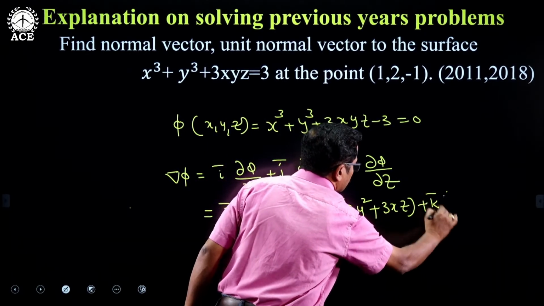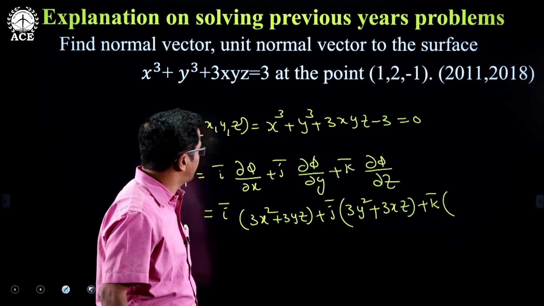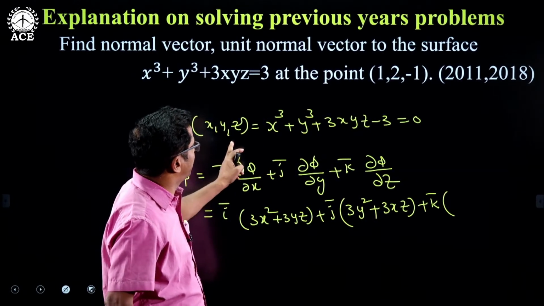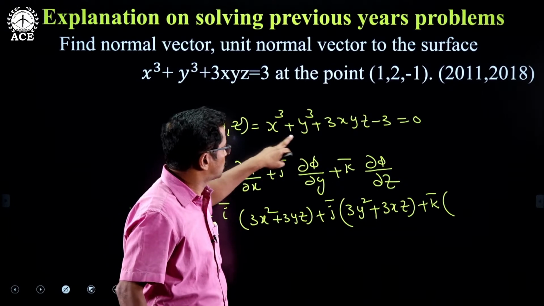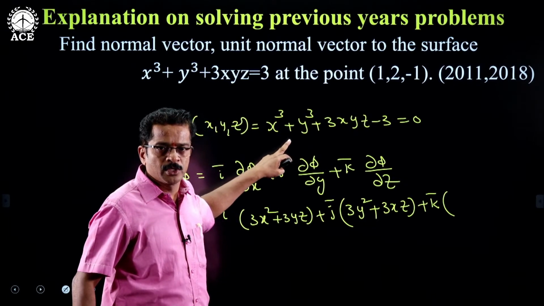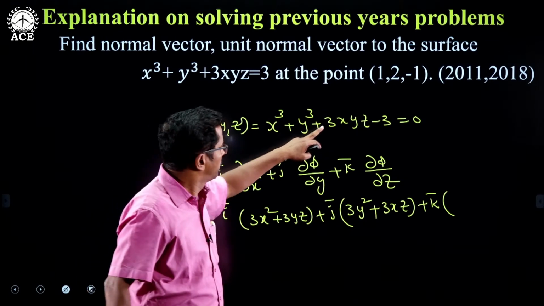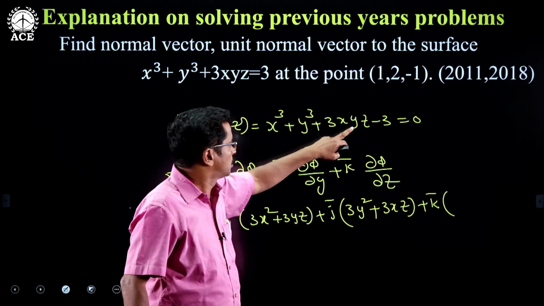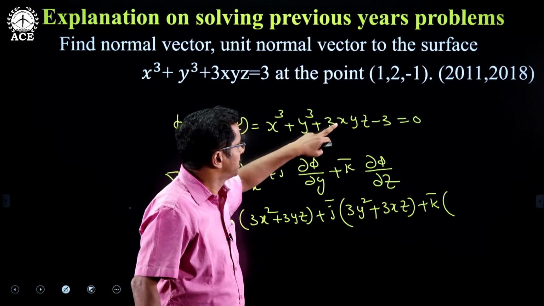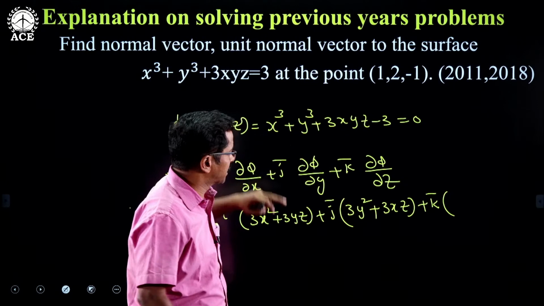Plus k bar into dou phi by dou z. With respect to z, these two are independent of z so their differentiation is 0, but 3xyz depends on z, so z differentiation is 1, leaving 3xy.